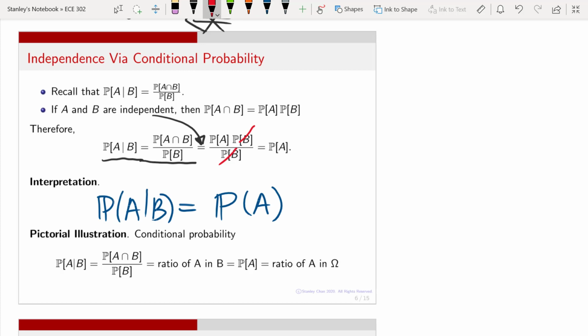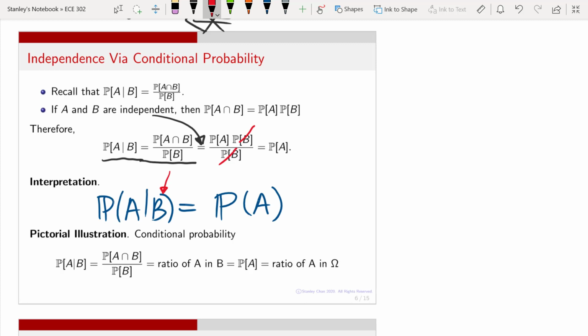So here, you can see what we really mean by independence. Suppose B has happened. Then the probability of getting an A is not influenced by the presence or absence of B. That is the meaning of this conditional probability.